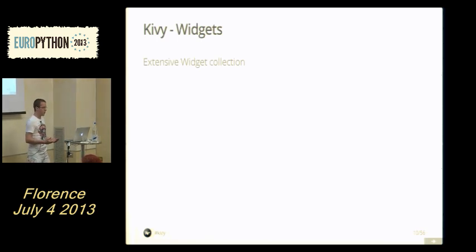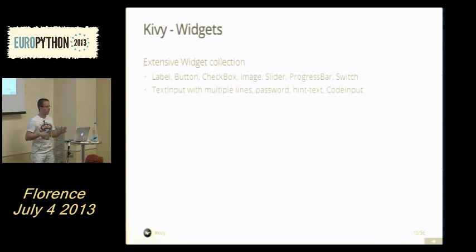Because it's a new UI toolkit, it's comparable to GTK and Qt. We have a lot of widgets, like labels, buttons, checkboxes, etc. So very simple widgets you can use. We have a little bit more complex widgets, like a text input, because we need to manage only one line or multiple lines, password input. We also have a code input with syntax coloration.